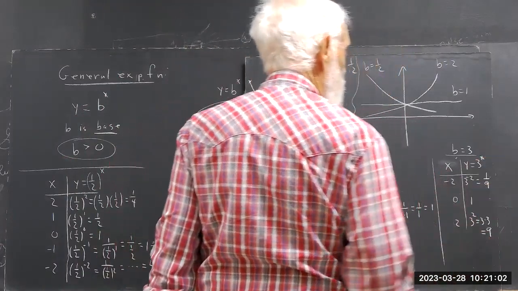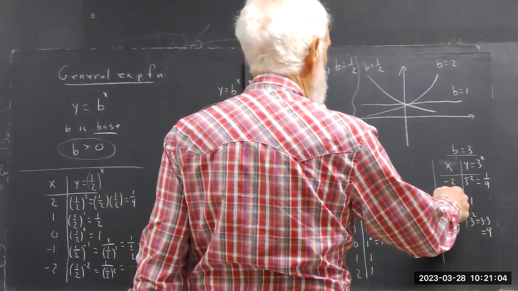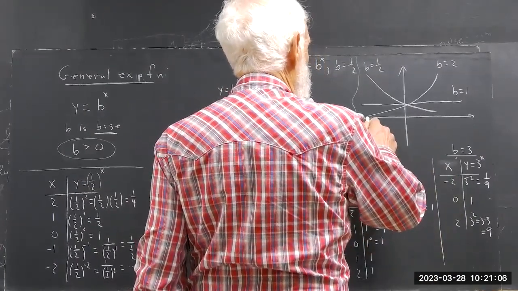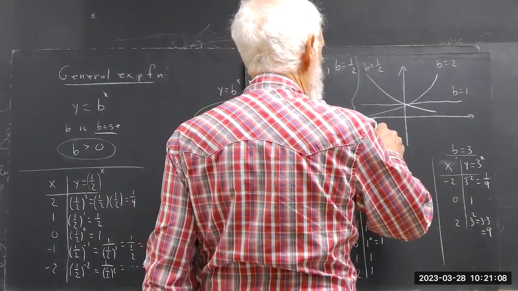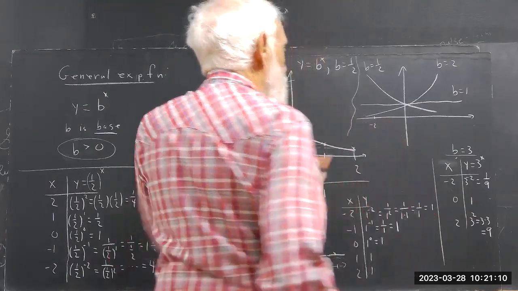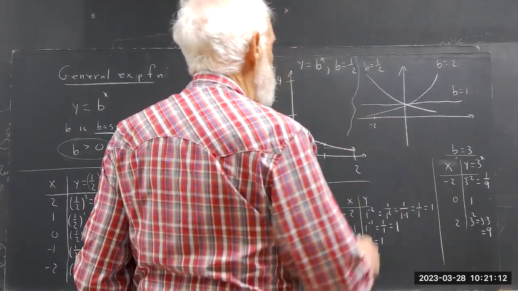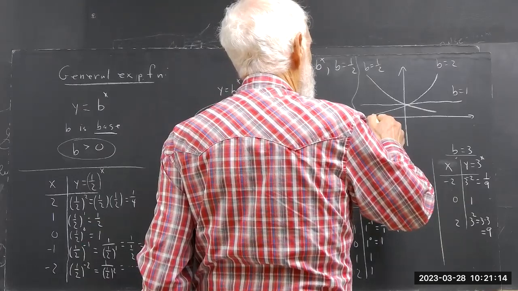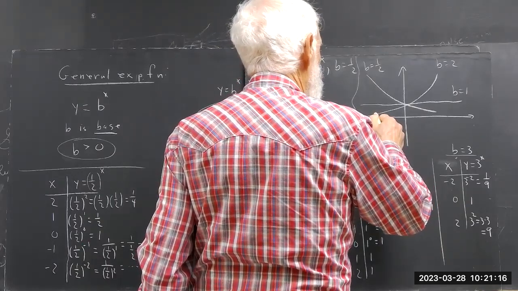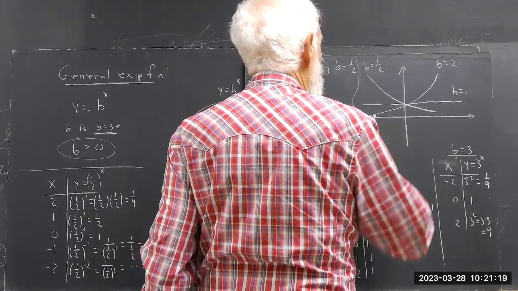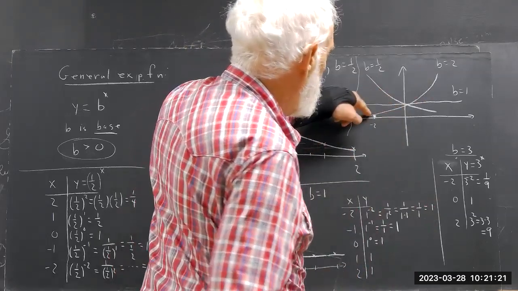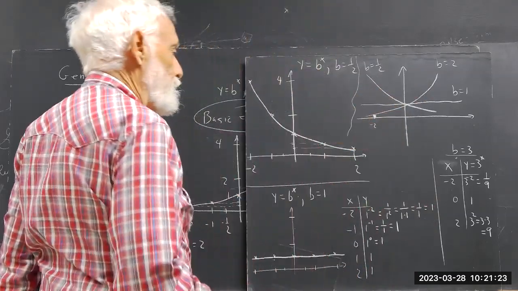Now, if we put 1/9 and 9 on the graph, at -2, we'll get 1/9. So let's just say here's -2. Well, 1/9 is less than 1/4. So that's going to put a point down somewhat below the graph of the b equals 2 function.